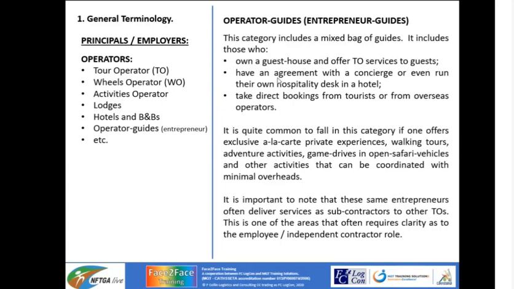So it's important for that owner of that open safari vehicle to know if they are being treated as an employee or as an independent contractor, because they are a guide, they are an entrepreneur, and they have a business. But if their business derives from just one operator that books them every day for, let's say, 4 days a week, they might actually not be seen as an independent contractor.